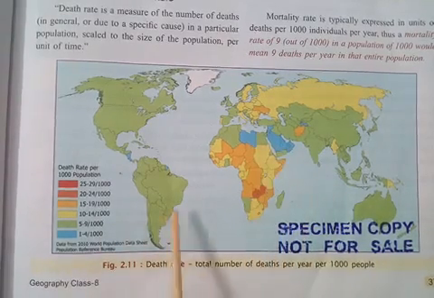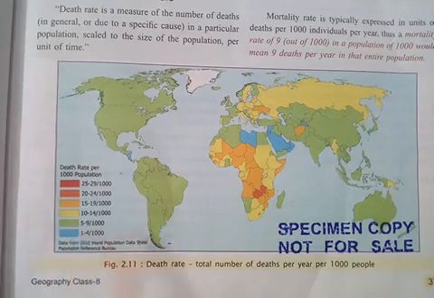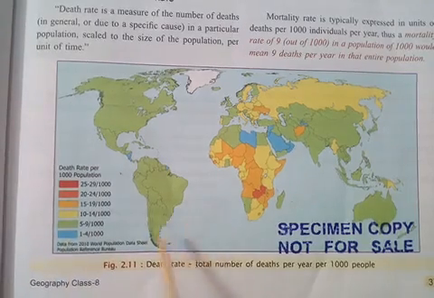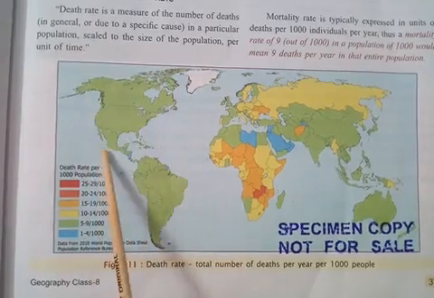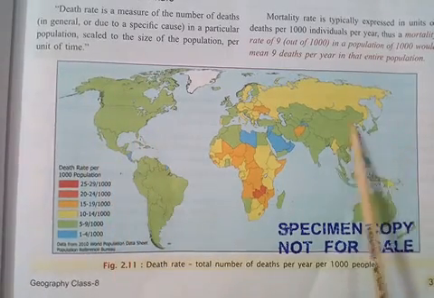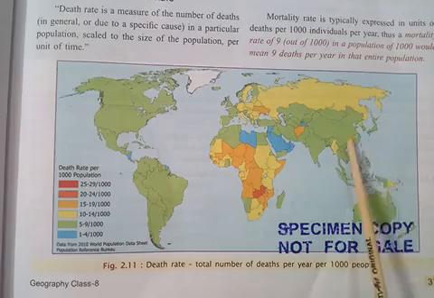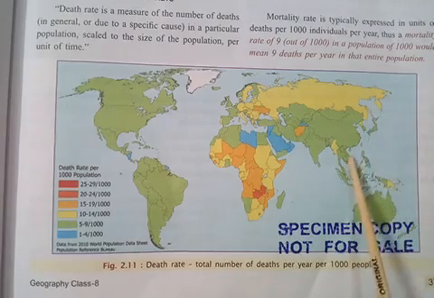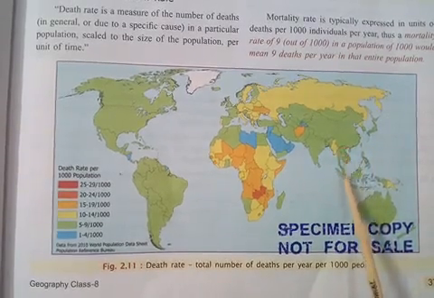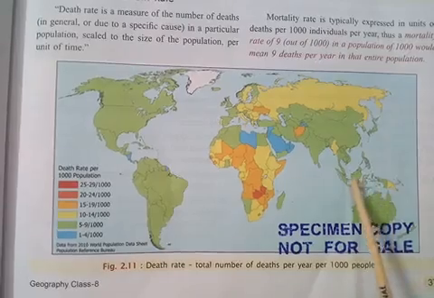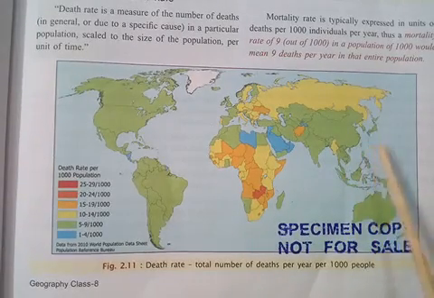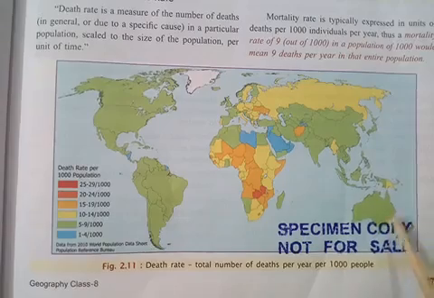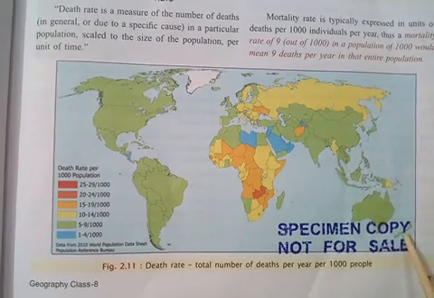Now at the same time, if you look at the green, most of the countries in South America, almost the whole of North America, in Asia India, Pakistan, China, and Southeast Asia, Malaysia, Indonesia and the Indonesian islands, Philippines, Singapore, even Japan, Australia, and New Zealand.